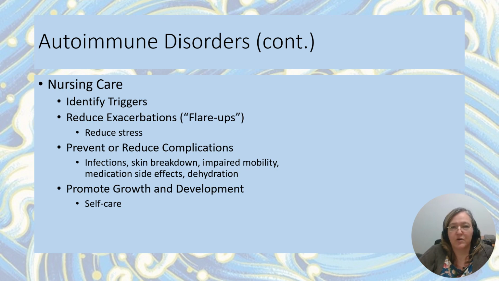Any autoimmune disorder has periods where they're feeling well and looking well, and then they have flare-ups. So you want to help them reduce stress, and prevent and reduce complications. If they do get an infection, there are secondary complications such as skin breakdown and more impaired mobility. For example, people with lupus often develop rheumatoid arthritis, which is the deforming kind of arthritis.